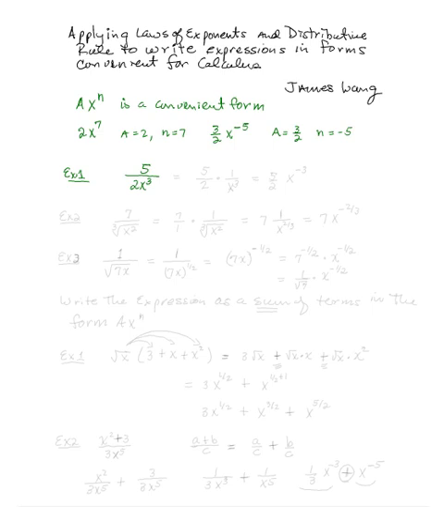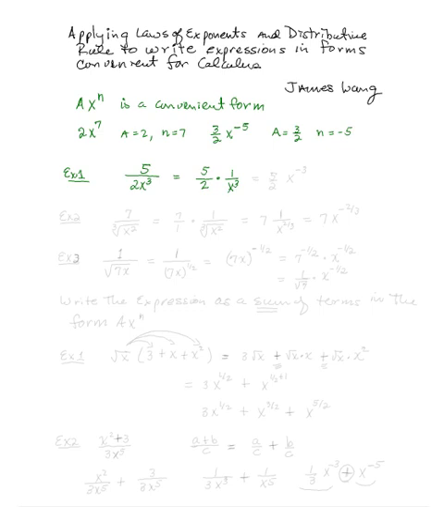Well, one way to think about this is to recognize that this is a fraction, but we could also think of this as being made up of other simpler fractions. For example, this 5 in the numerator, we could think of that as being 5 over 2, and then the other fraction that we would need to multiply by that to get 5 over 2x cubed would be just 1 over x cubed.